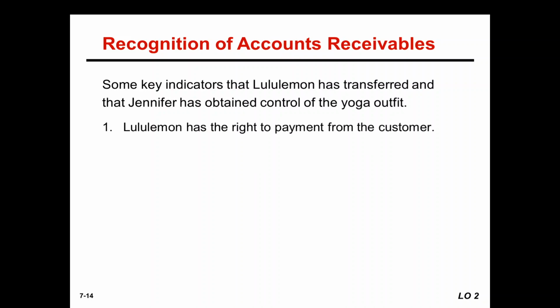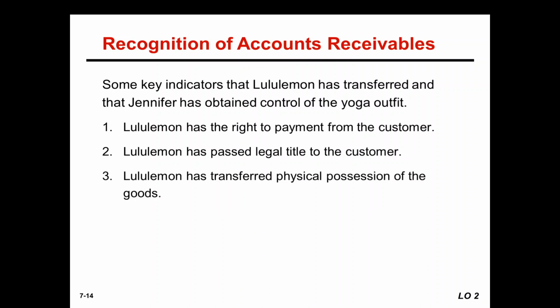There are some indicators that Lululemon has transferred and Jennifer has obtained control of the yoga outfit. First, Lululemon has the right to payment from the customer, because the yoga outfit is already in the hand of Jennifer. Second, Lululemon has passed legal title to the customer, so the ownership of the asset is already with the customer. The third one, Lululemon has transferred physical possession of the goods.